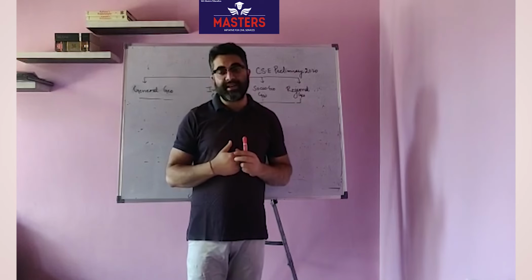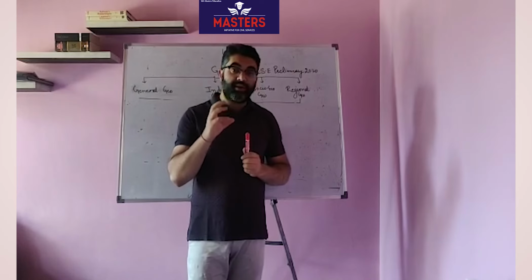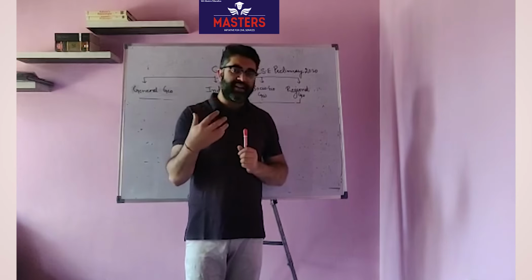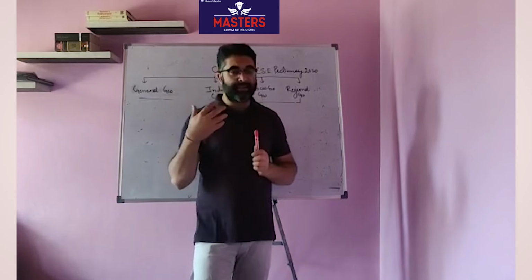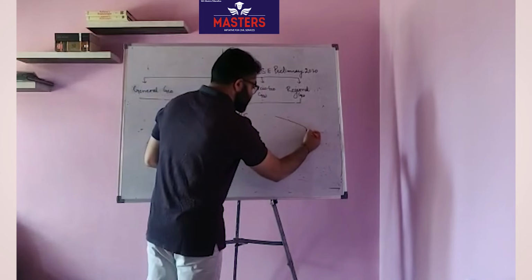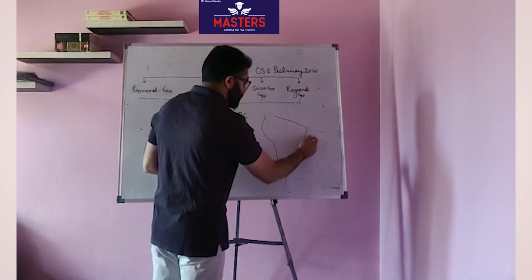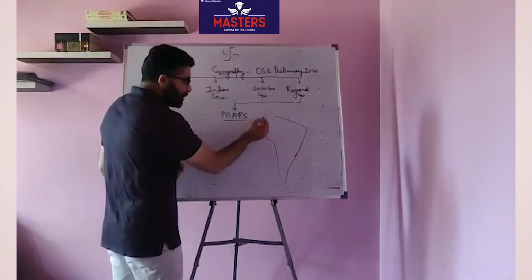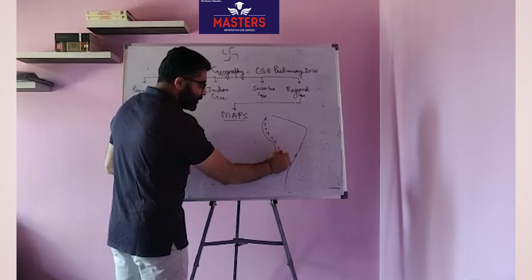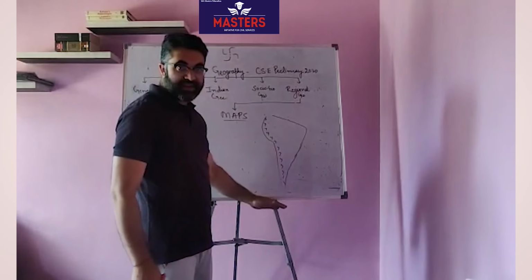What we need to do is focus upon a particular continent. Let's take an example of any continent. Let's say South America. First, one should be more focused upon the distribution of physical features, like we have the Andes on the western side of South America.